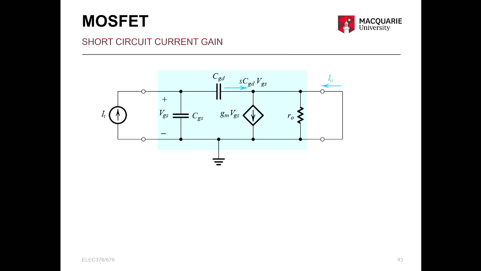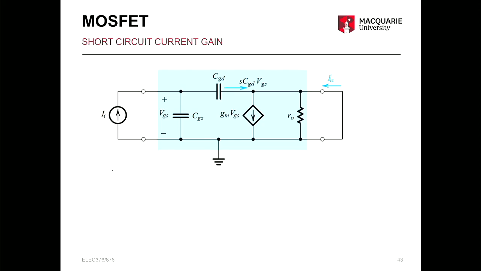Just like in BJTs, we can try to find the short circuit current gain of this MOSFET. To find the short circuit current gain, what do we do? We short circuit the output and give a current at the input and see how much the output current is modified.